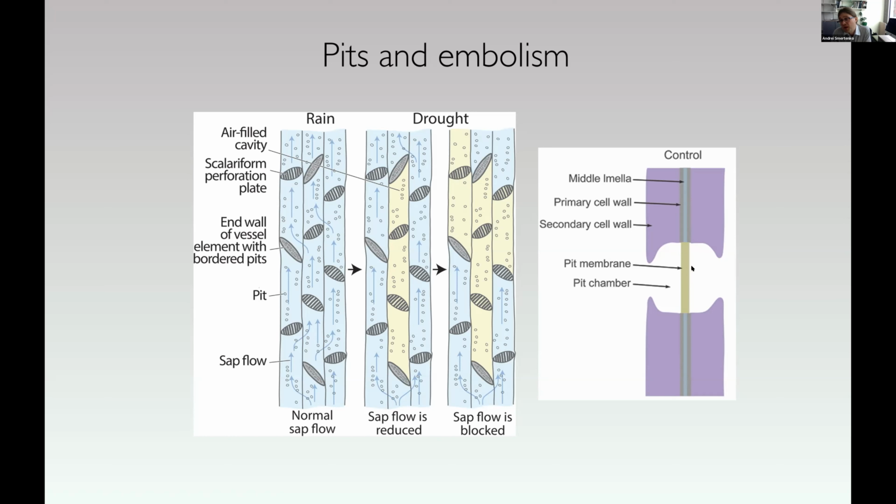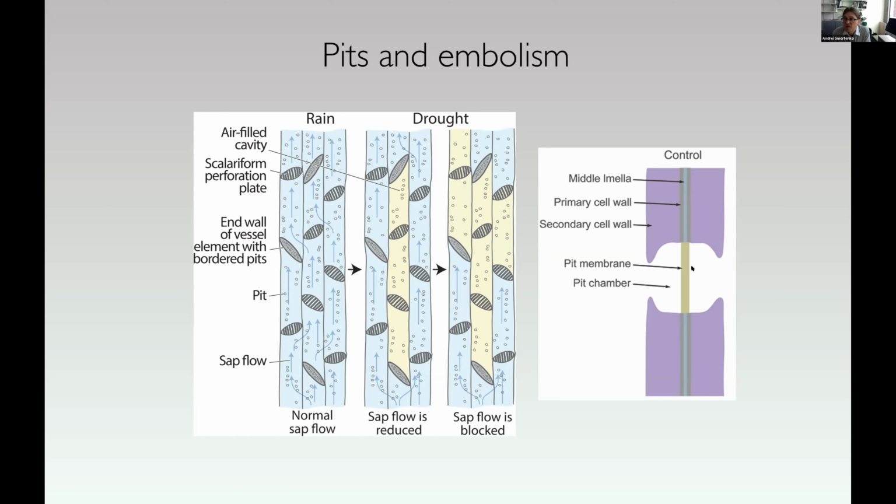And so plants must make a decision whether they'll have large pits with thin membranes, but these pits would facilitate movement of embolism from one cell to another, or they have smaller pits with thicker membrane that will reduce the water flow and will limit the ability of the plant to grow.